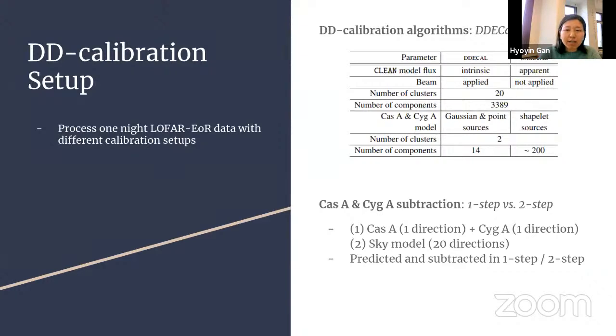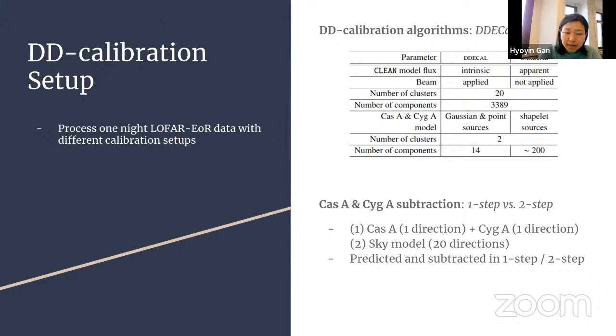We actually use slightly different models for DD-cal and SAGE-cal here, mainly because those two methods have been developed for different purposes. And we know that these two models work pretty well for the two methods. So we are using different models. And this is basically the setup for the direction-dependent calibration.